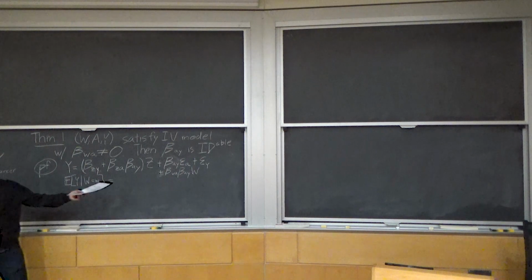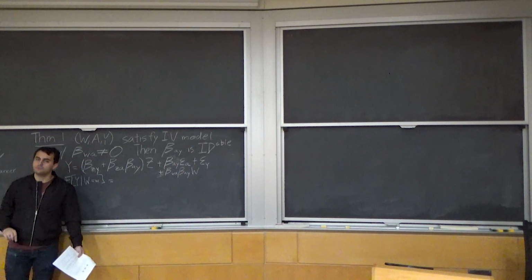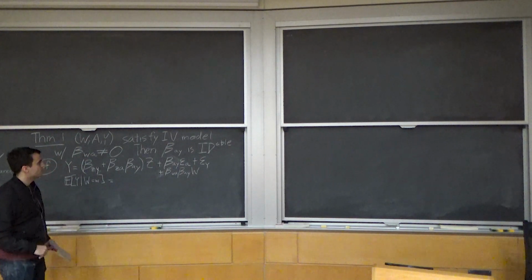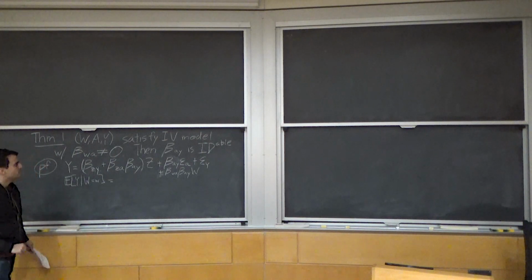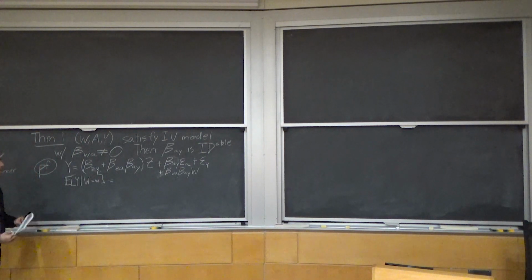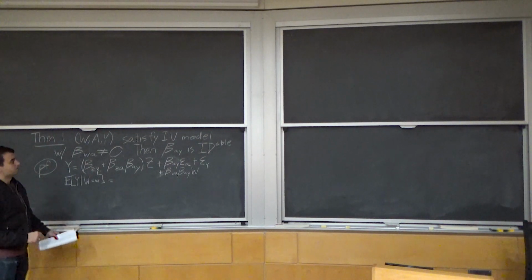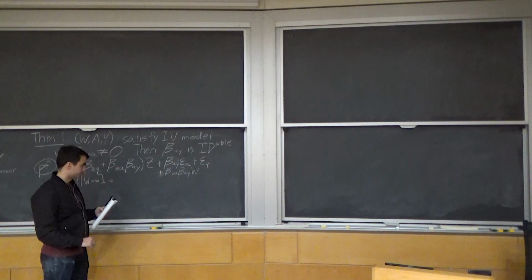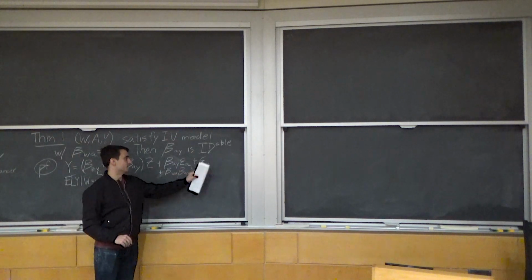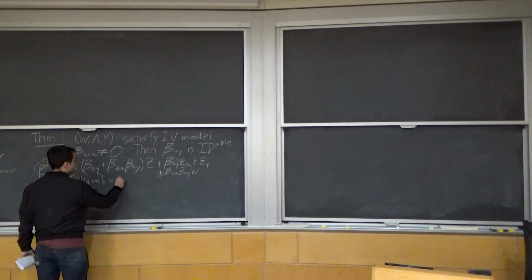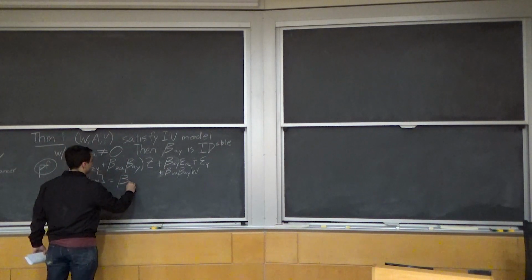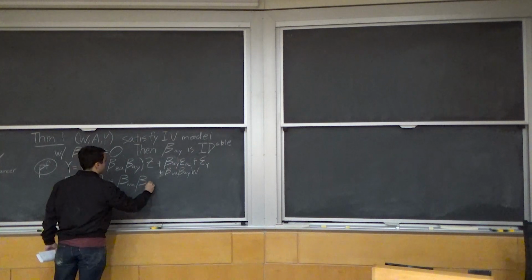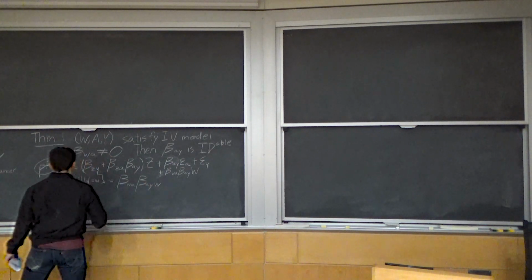Well, W and Z are independent. If we look at our causal graph, we can read that statement from just d-separations. Similarly, W is going to be independent of epsilon A and epsilon Y. So this is just beta WA, beta AY, W.